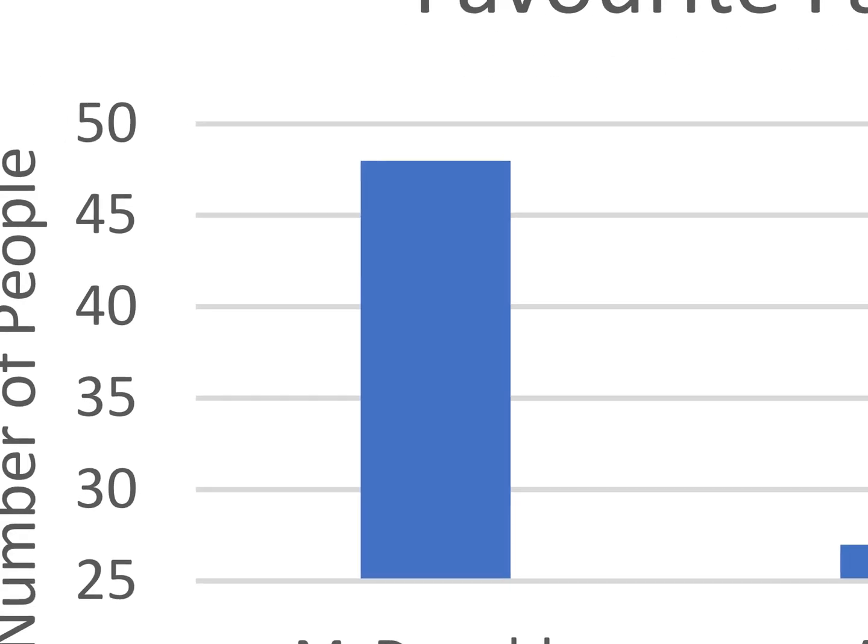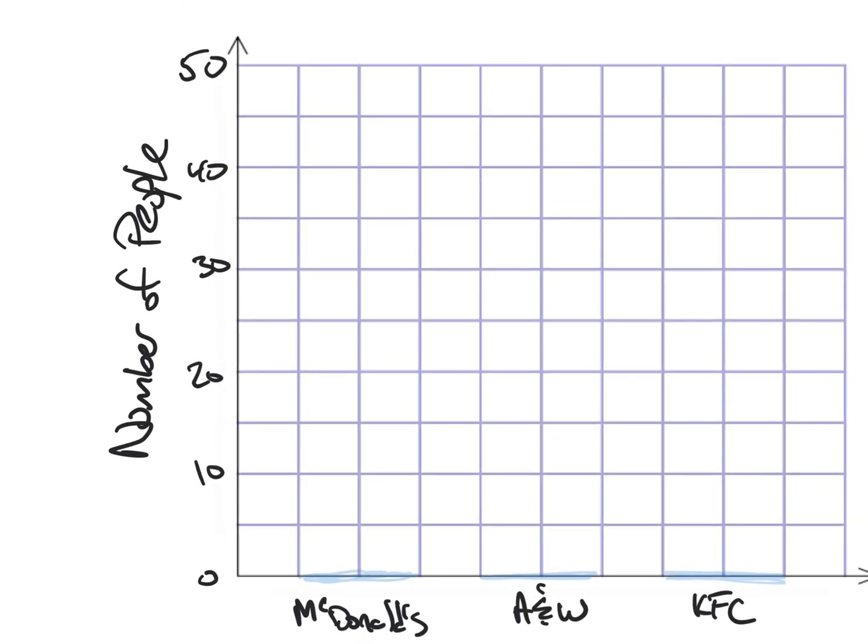What's that number for McDonald's? Is it closer to 45 or 50? 45, 50. I think 50. So therefore, it should be what? 47, 48. Well, 47 would be closer to 45. So 48 would probably be the right answer. And it's not super close to 50, so I think it's 48. So let's draw a bar up to 48.